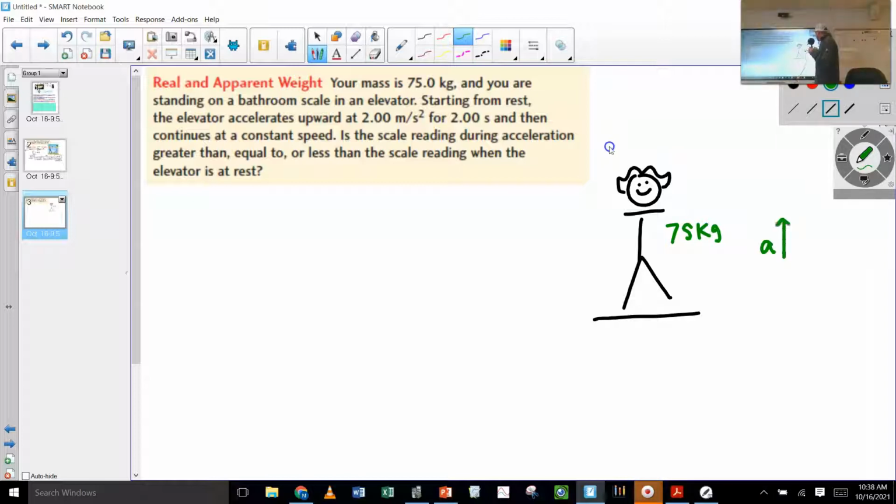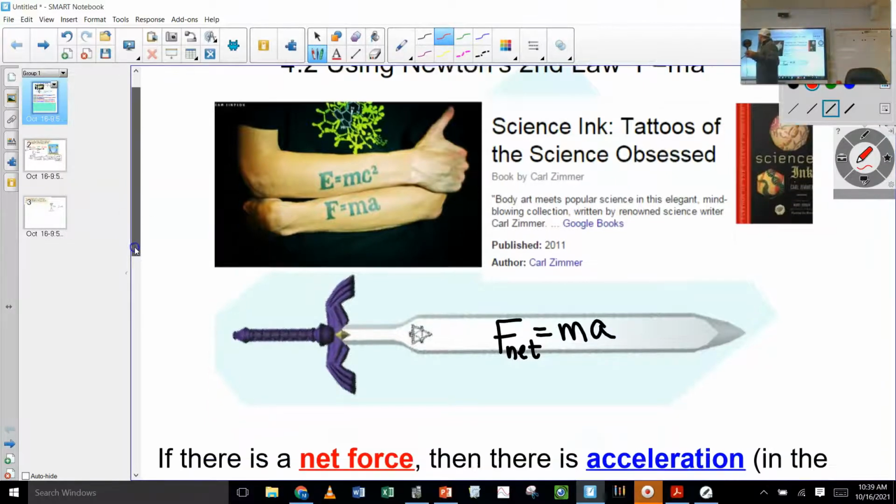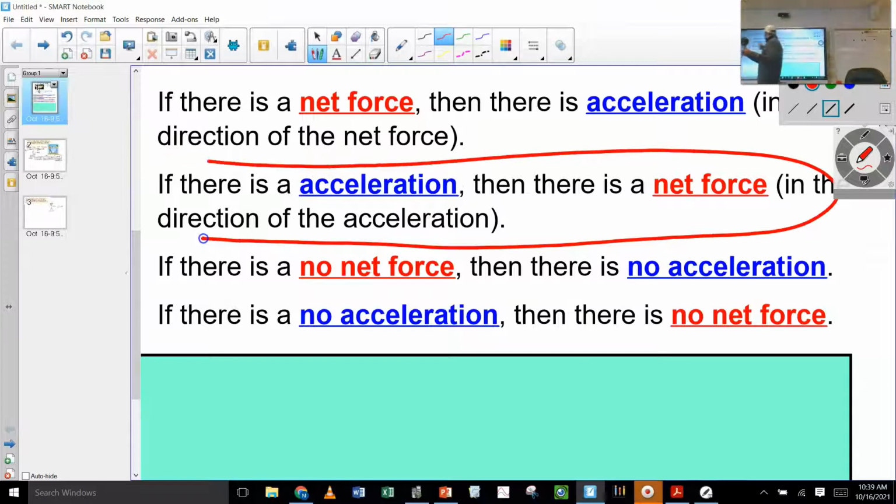That's huge. You're accelerating upwards at 2 meters per second squared. What that's telling me is this. When you accelerate up, there is acceleration. So that means that there's going to be a net force in the up direction.